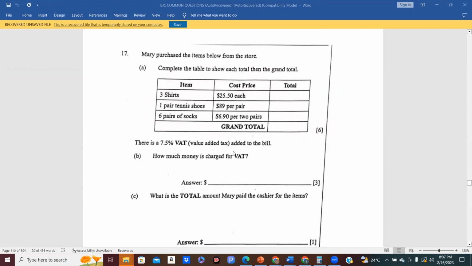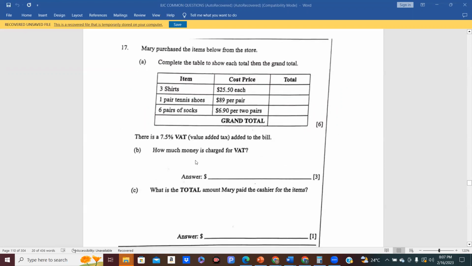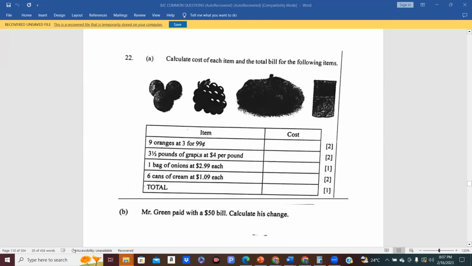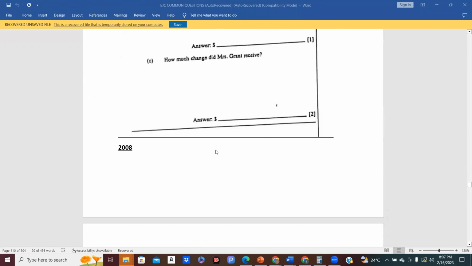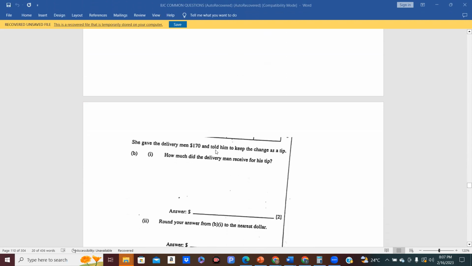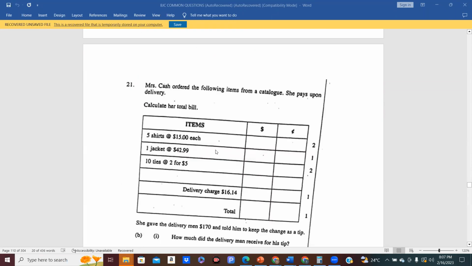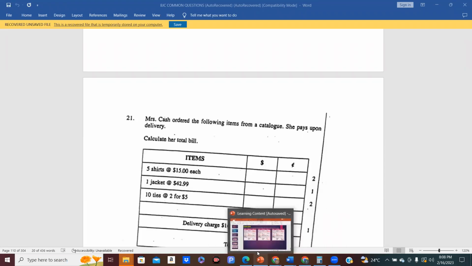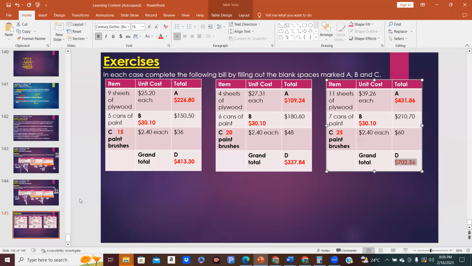But they often come, and here's one with VAT. These are good ones to look at. So we were able to cover some territory, and that means we're done with that.